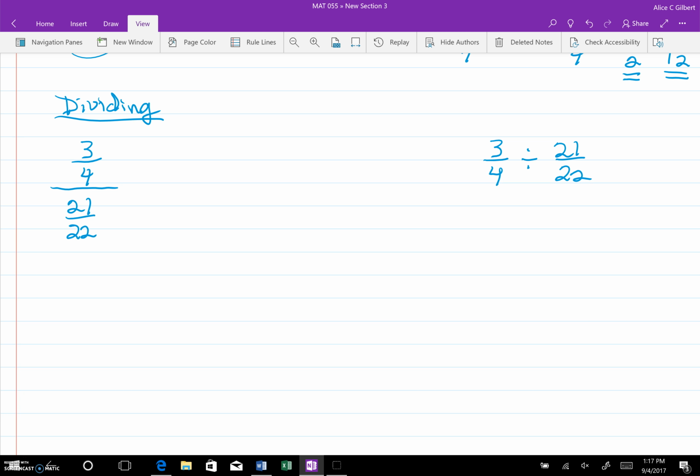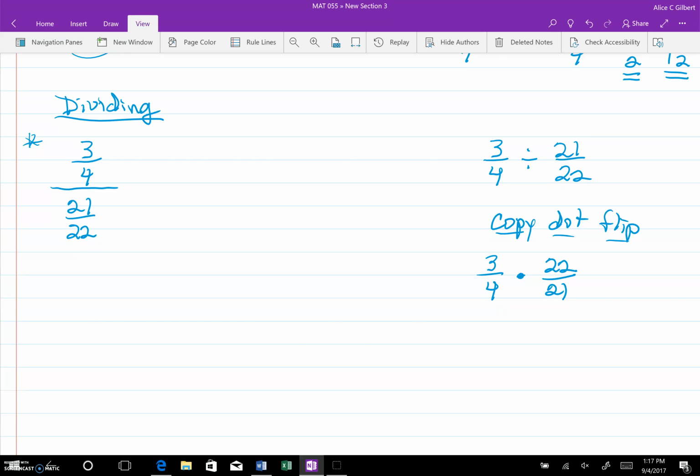But in the math that we'll be doing, we're going to be seeing it like this, okay? Now, we're going to do something called copy dot flip, okay? Copy dot flip. Either way, if we're doing it this way, we copy the first one exactly like it shows, dot, we change it to multiply, and flip, we flip the second one over, okay?